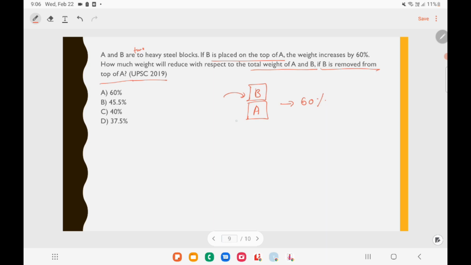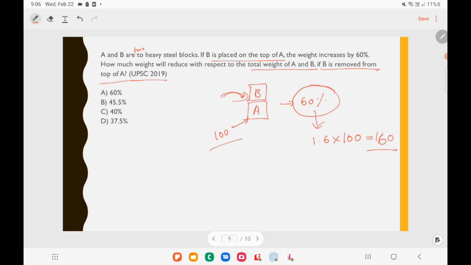So let us assume that the weight of A is 100. If B is put on top of A, the weight is increased by 60%. So the weight now becomes 1.6 into 100, since a 60% increase means 1.6 times. So you will get 160. Initially the weight was 100.